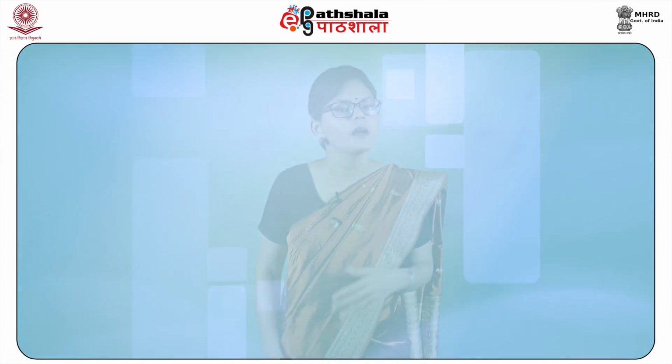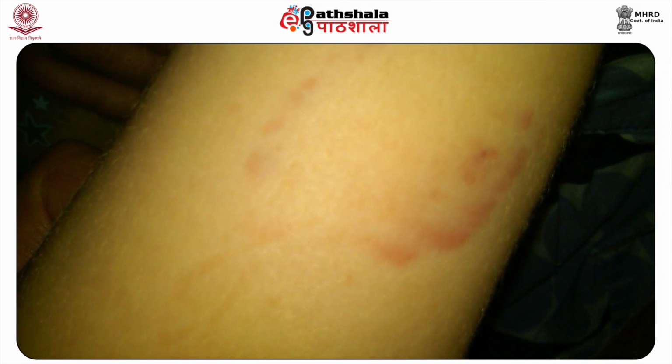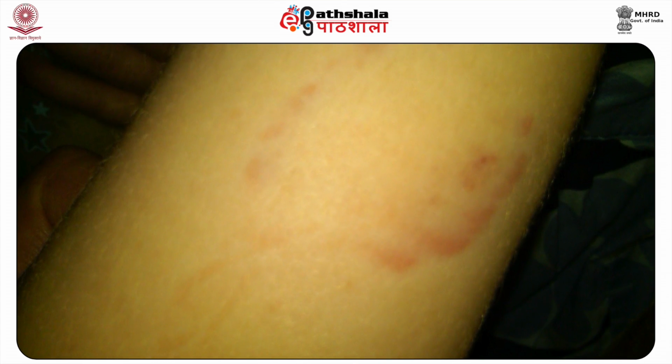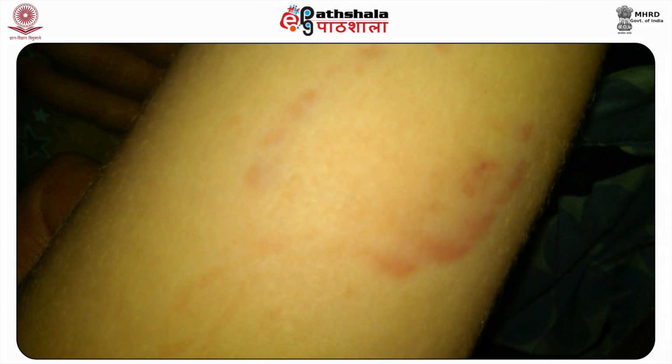Bite marks being specific to a person, they play an important role in linking the crime and the perpetrator. Bite marks are either left on the victim by the attacker, or on the perpetrator by the victim of an attack, or on an inanimate object found at the crime scene.